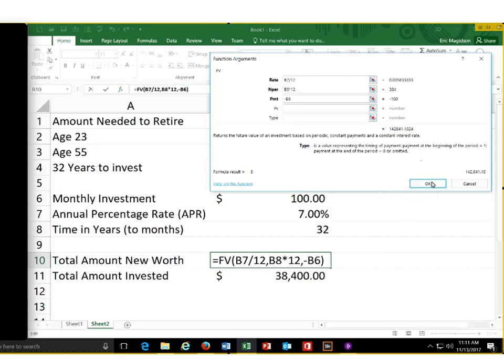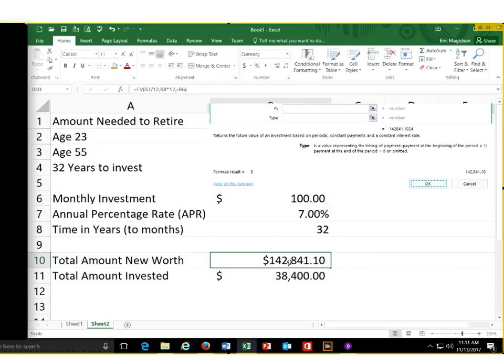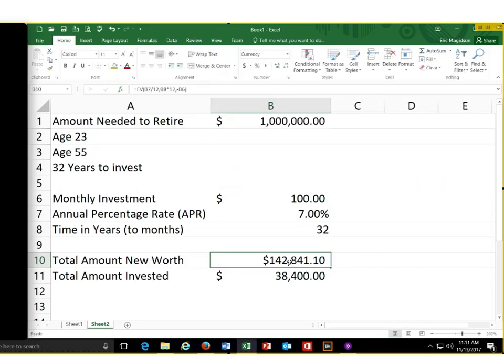Okay, so here we go. How much do you think? Well, the number's actually right there. That's pretty darn cool. I invested $38,000, and in just 32 years, I have $142,000. That's pretty darn amazing.